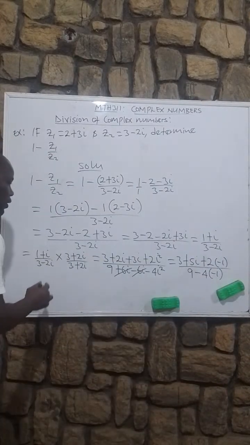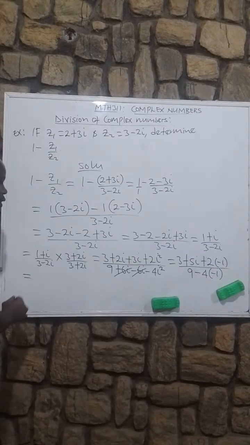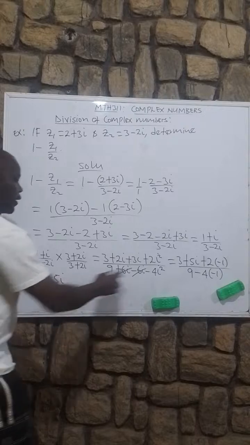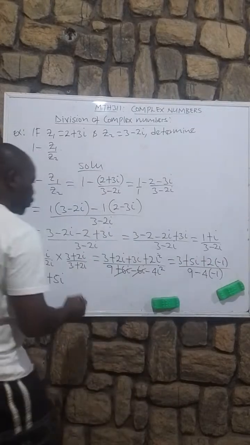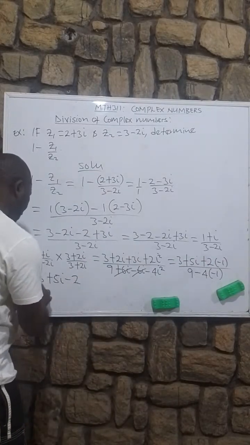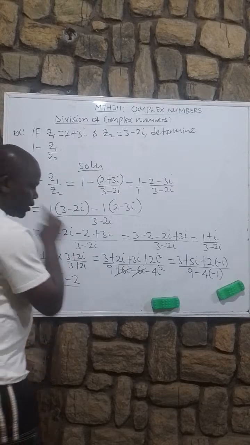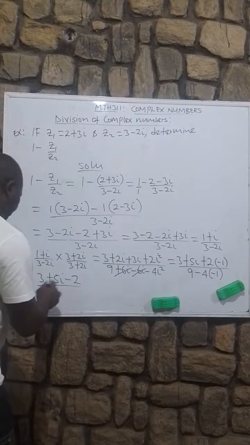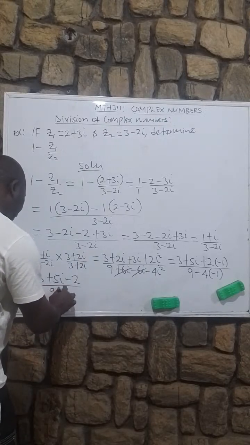So if you can see what I'm saying, this is equals to 3 plus 5i plus 2 times minus 1 is minus 2 all over minus 4 times minus 1, I'm going to have plus 4.